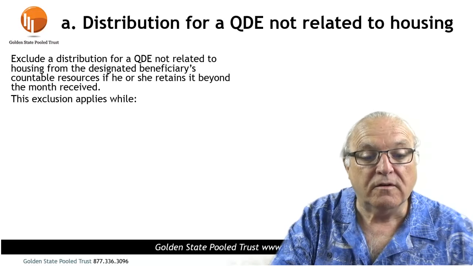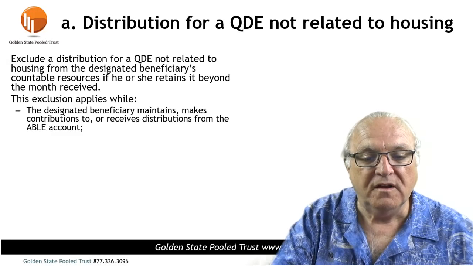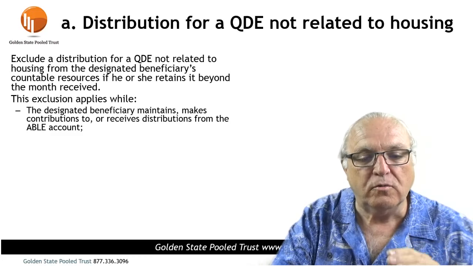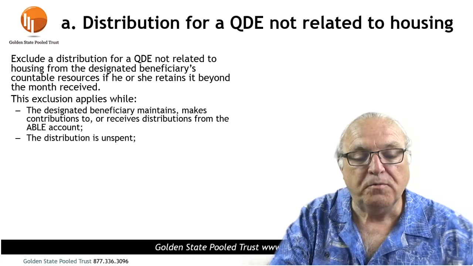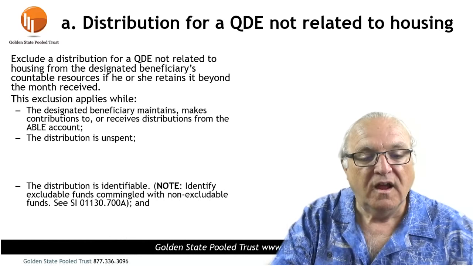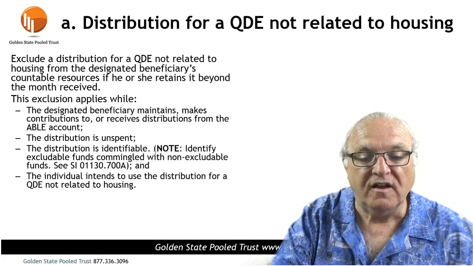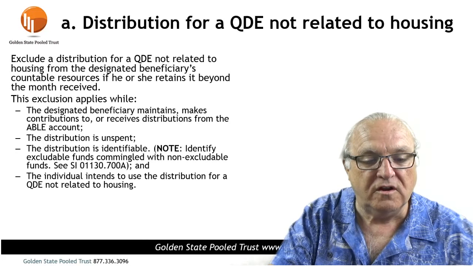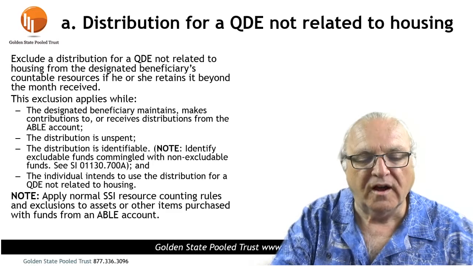This exclusion applies while the designated beneficiary maintains, makes contributions to, or receives distributions from the ABLE account, the distribution is unspent and identifiable, and the individual intends to use the distribution for a QDE not related to housing. Otherwise, apply normal rules.